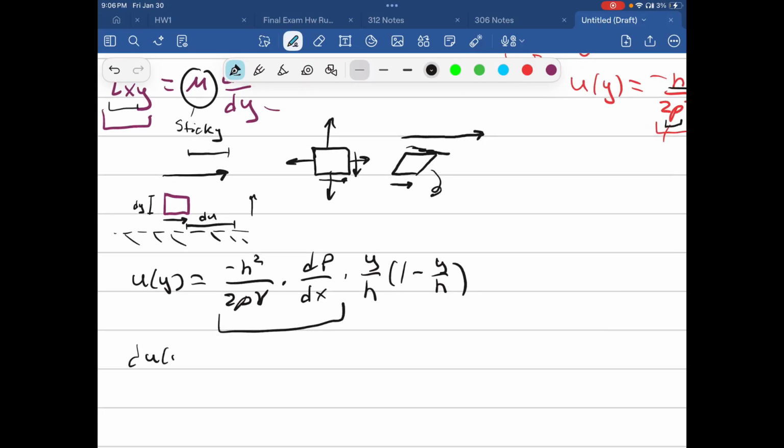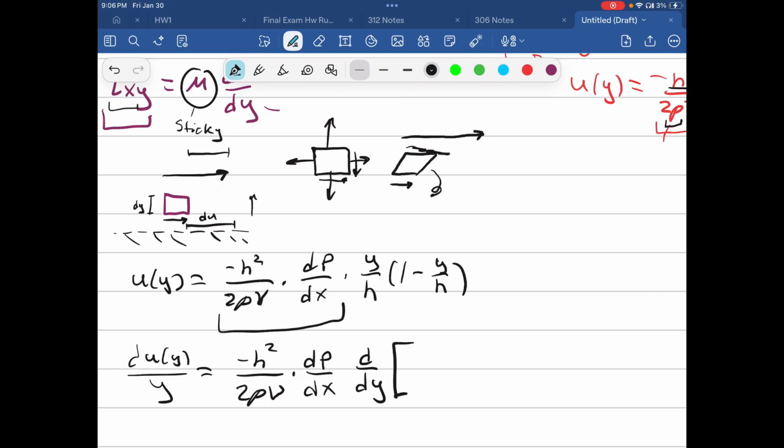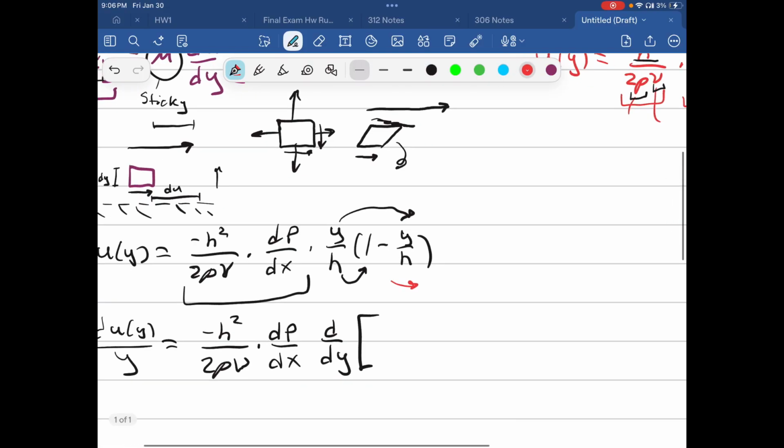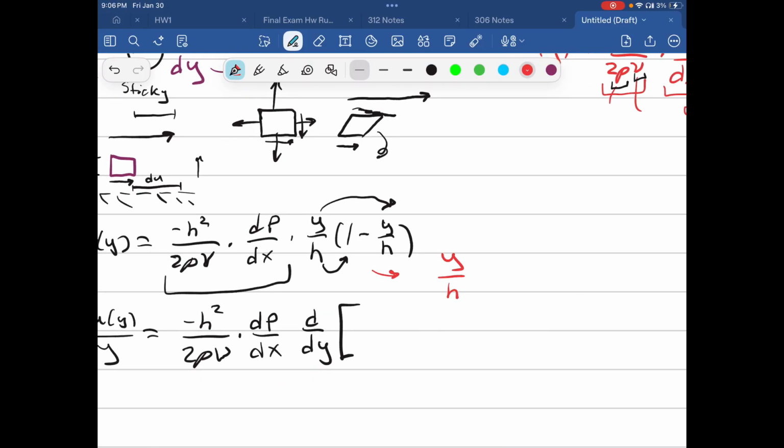So du of y with respect to y equals minus h squared over 2 rho mu times dp dx times d over dy of, and I'm just going to plug both of these in here real quick, y over h minus y squared over h squared.